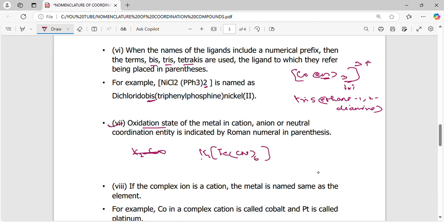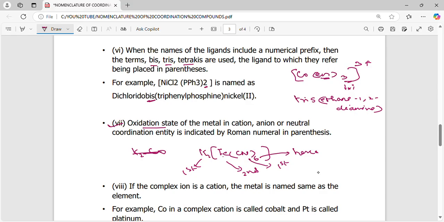In this, first you start with the potassium because it's positive. Next you write the coordination sphere, but in that you start with the ligand because, as I told you, the ligand is to be named first, followed by the central metal atom. And when you write the ligand, it's cyano, but use the word hexacyano. Why? Because it is 6 times.